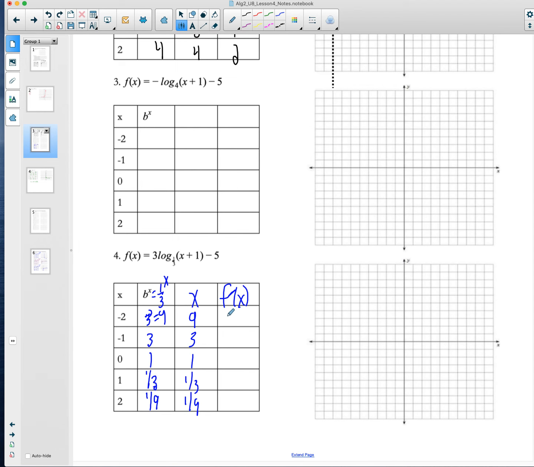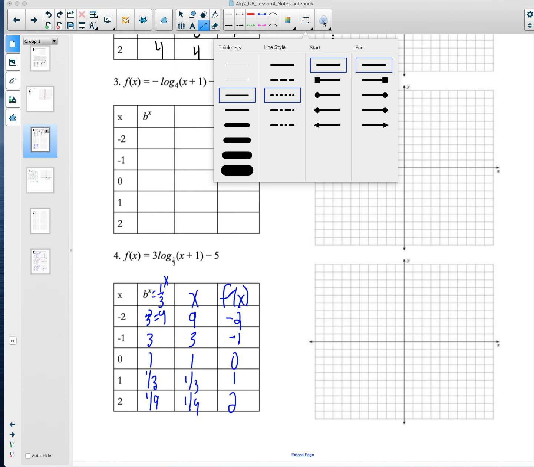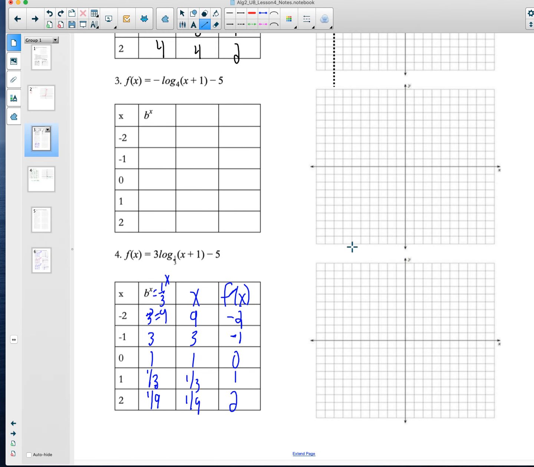And then my range now becomes -2, -1, 0, 1, and 2. And now we can see once again we have this plus 1 here. So we know that this is going to be a horizontal shift to the left 1, in very similar fashion to what we just did in number 3 as far as our horizontal shift is concerned.